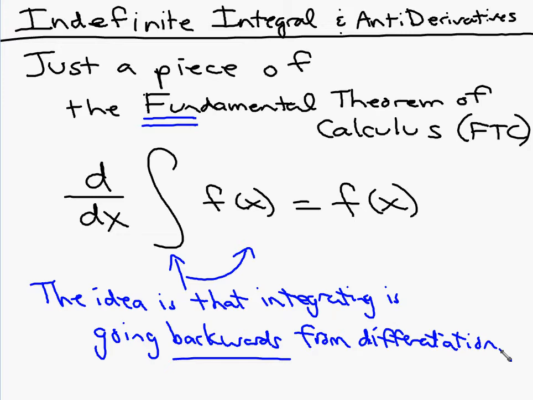And if you look at that statement from the fundamental theorem of calculus, that's basically saying that. If I take the derivative of the integral, I wind up back where I started, okay? And we're going to learn how to find what are called antiderivatives, as we're going to see here in just a minute.